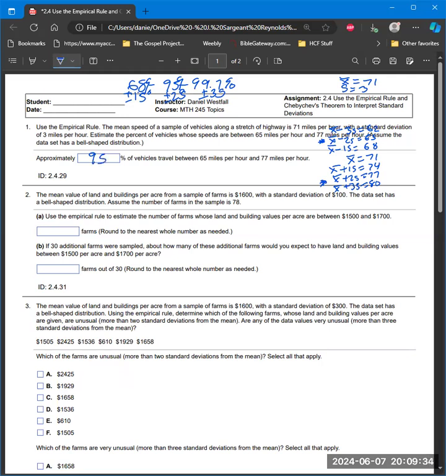Using the empirical rule. The mean value of land and buildings per acre from a sample of farms is $1,600, with a standard deviation of $100.